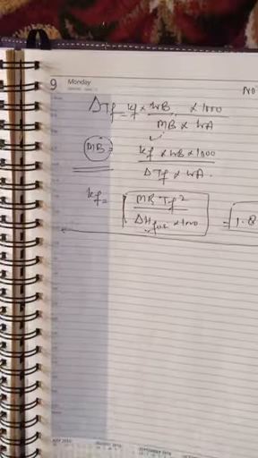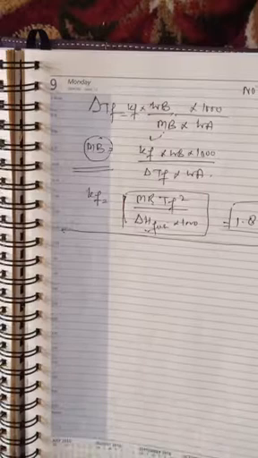Then ΔTf is Kf into Wb divided by Mb, into 1000 divided by Wa. Therefore, Mb is equal to Kf into Wb into 1000 divided by ΔTf into Wa. Therefore, the molecular mass of the solute can be determined.